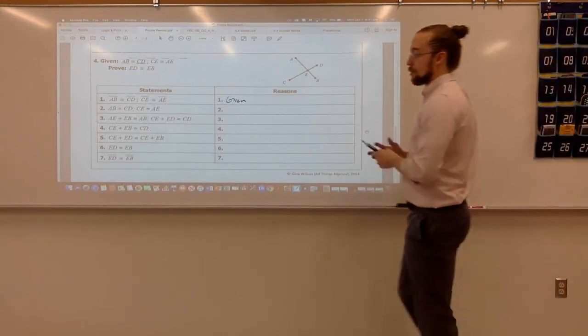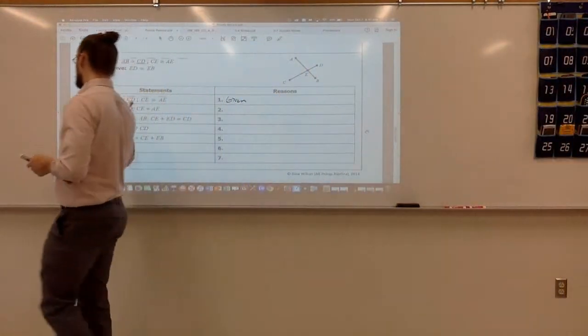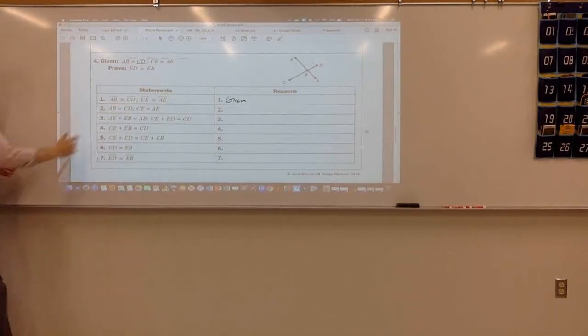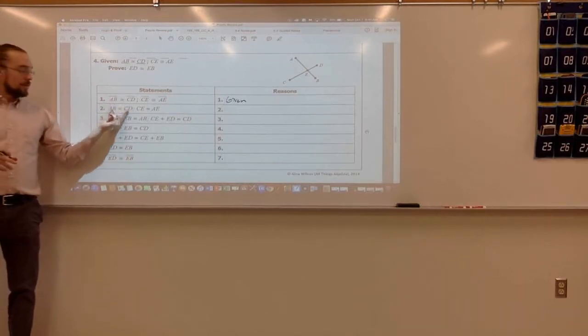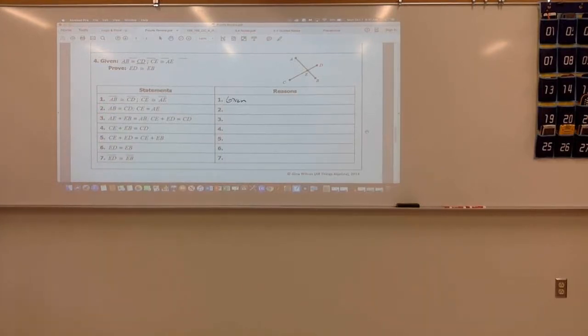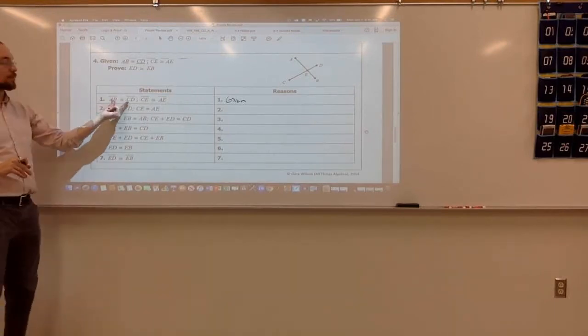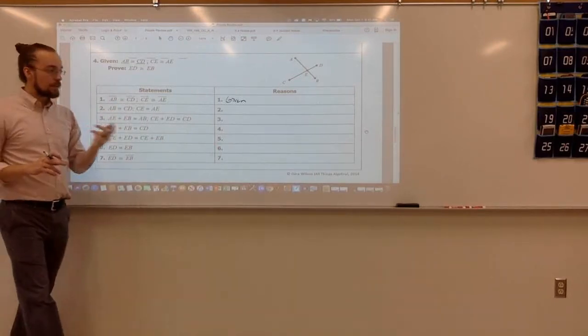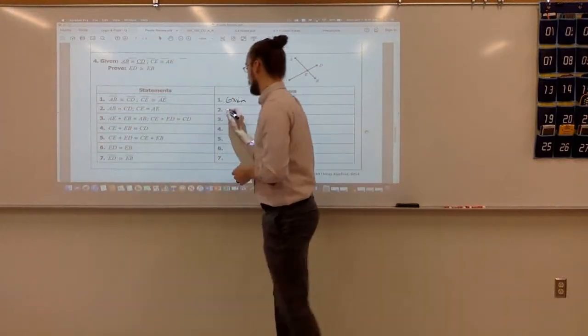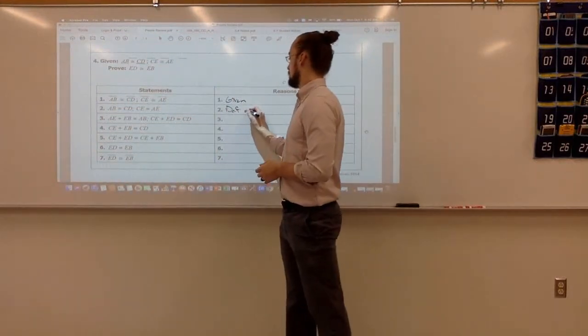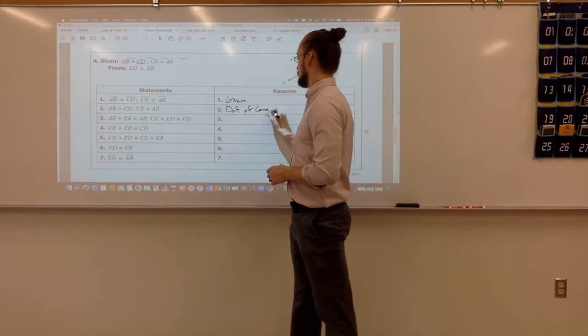So then they say, if I know these 2 segments are congruent, why can I claim that their lengths are equal? Yeah, that's the definition of congruence, right? If we're saying 2 things are congruent, then those same 2 lengths are equal. That's definitely congruence.